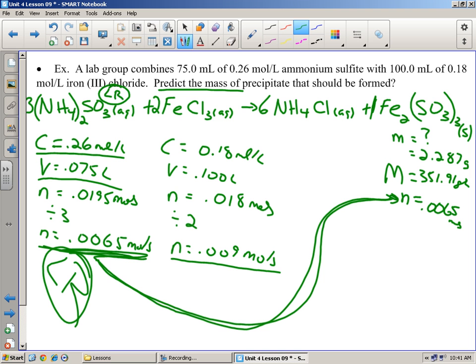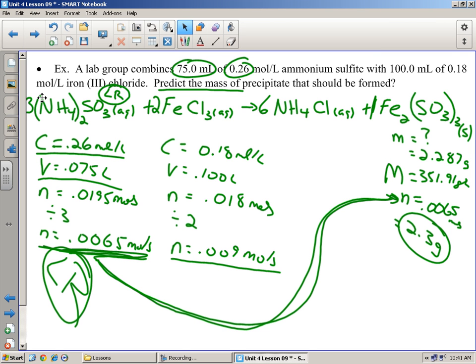So 3 and 2. So we have to have 2 in my answer, right? So 2.3 grams would be my final answer in this case. All right? Good? Questions, anyone? Yes, no? Good?